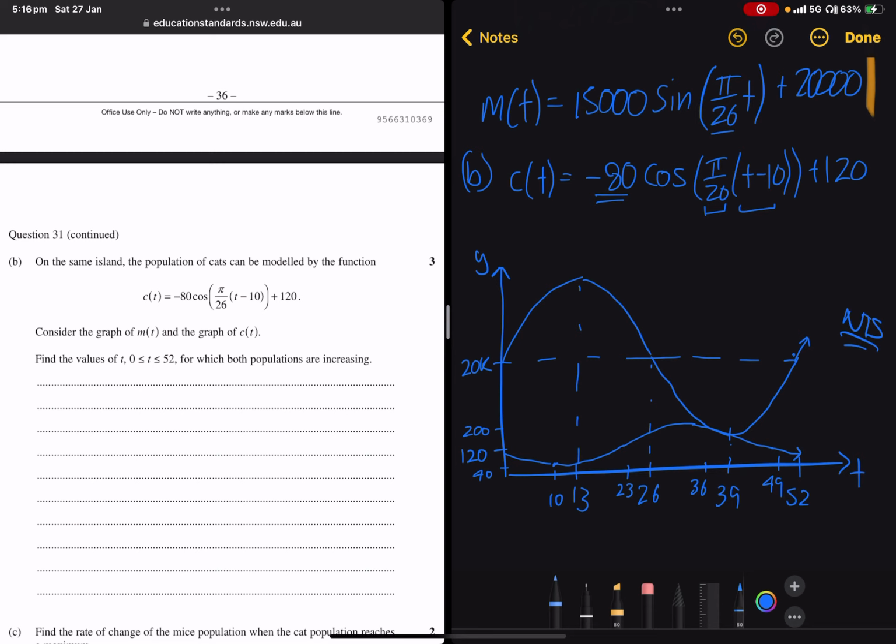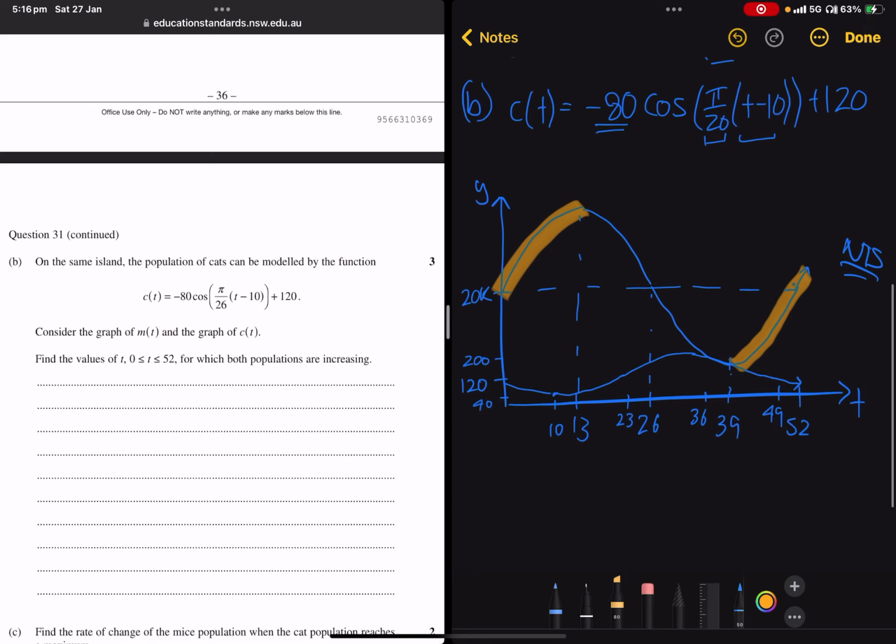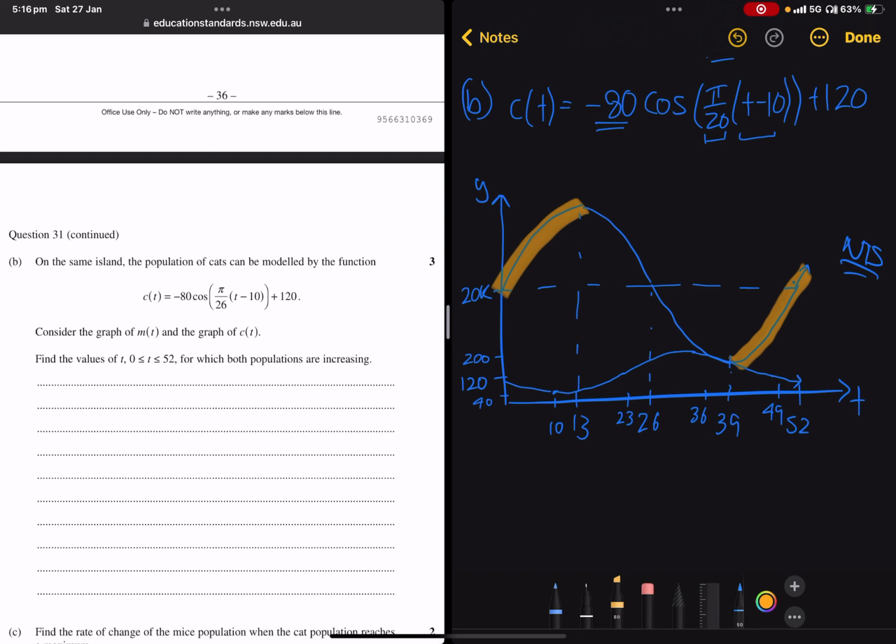So we know, if we look at our graph, that mice increase from 10 to 13 and from 39 to 52, between the span of 0 and 52. So these are the two mice increasing sections. The cats increase starting at 10, and then we'll go on until 36. So this is all increase, and the rest is all going to be decrease.